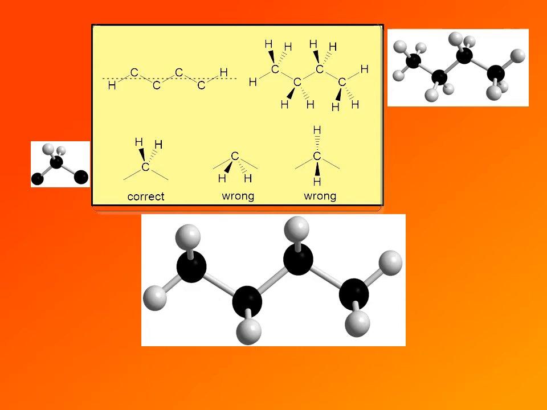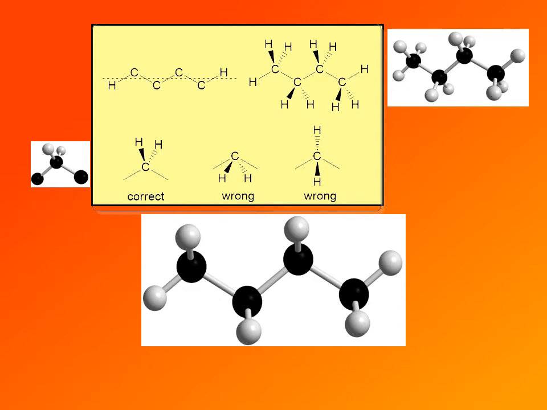That's the correct representation of the tetrahedral atom. The middle one is wrong, where all four bonds point down, and students usually recognize that this is wrong. But the one on the right is what students will often draw without recognizing that that structure is wrong.